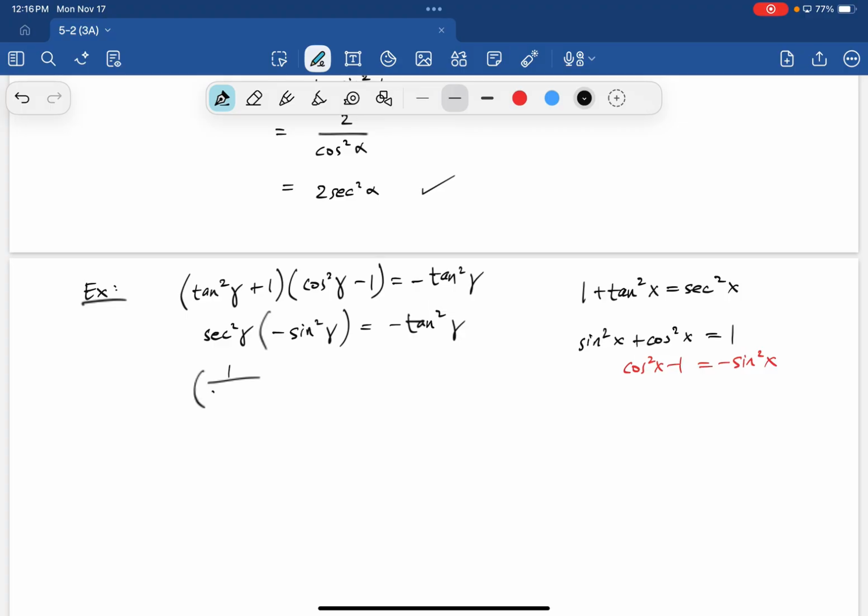So this is 1 over cosine squared gamma times negative sine squared gamma. And then sine over cosine is just tangent, so this is just negative tangent squared. And we're done. Any questions? We just used identities, converted things to sines and cosines, and then we got the answer.